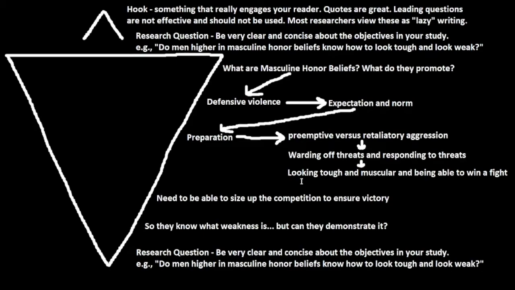And so men higher in masculine honor beliefs might not be able to demonstrate weakness. But it's through this entire build of this introduction that I've now told my reader exactly how to interpret these hypotheses. So finally, we come back to our research question, and now we are finally ready to understand the hypotheses of this study. So this is how we generally write an introduction.